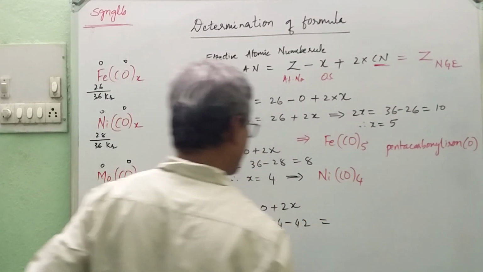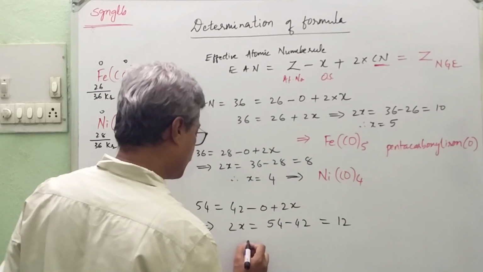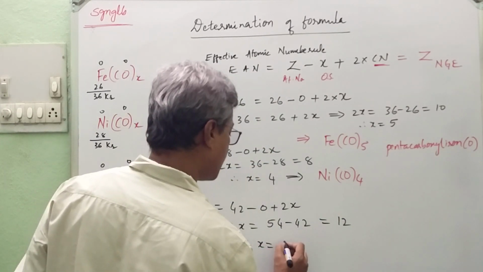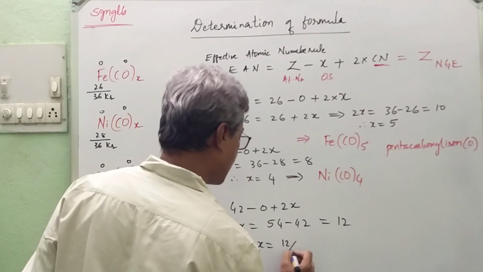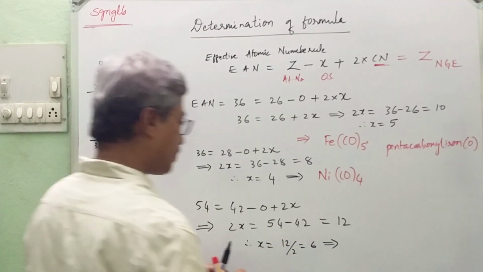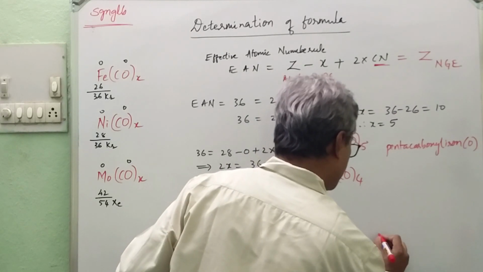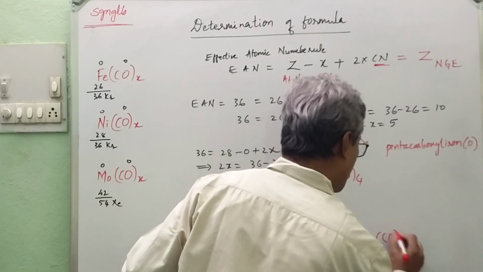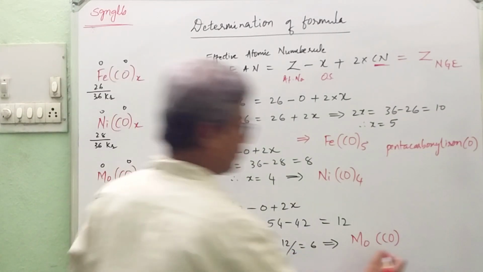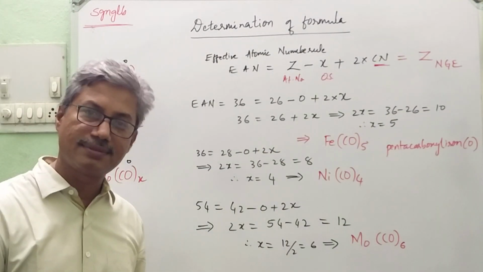And this value will be how much? 12. Therefore, x is equal to 12 by 2, which is equal to 6. This implies that the formula for this compound is Mo(CO)6. Clear? Thank you.